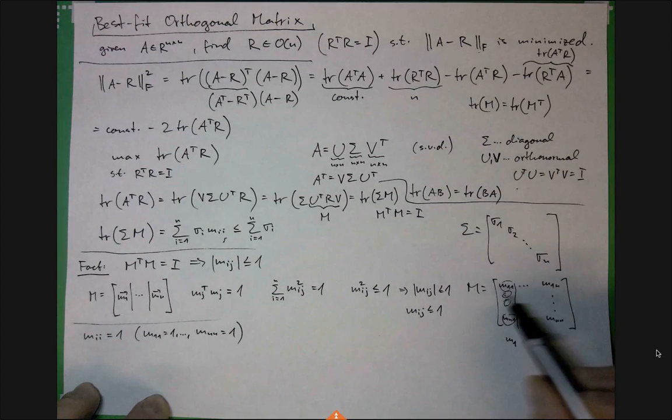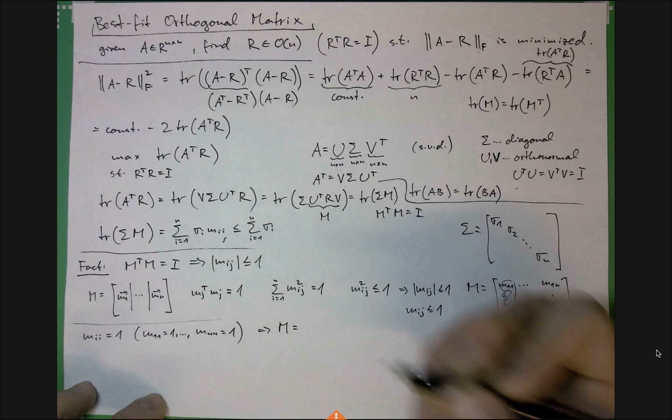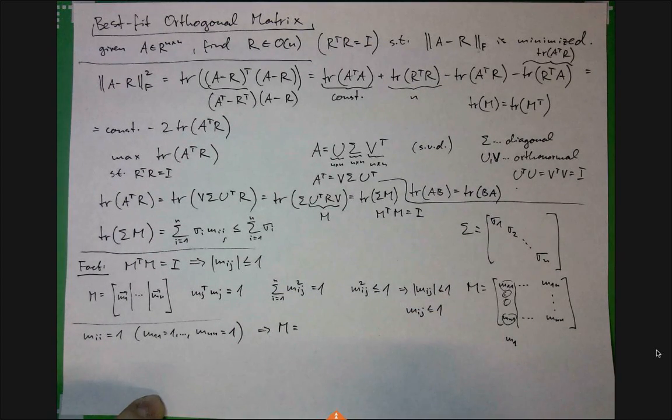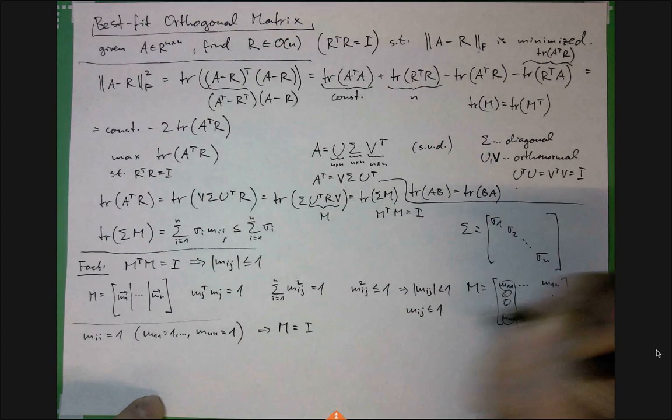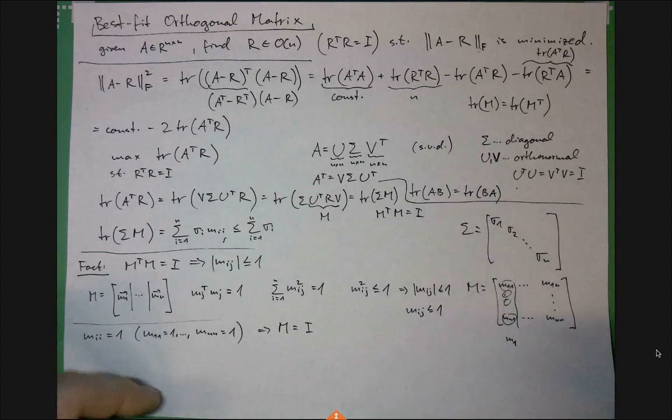Now, because the matrix must be orthonormal, what sort of matrix is M going to be? It's the most simple matrix in the world. It's the identity, right? Because if I put 1s there, then I have no space here whatsoever for anything non-zero, because the columns must have norm 1.